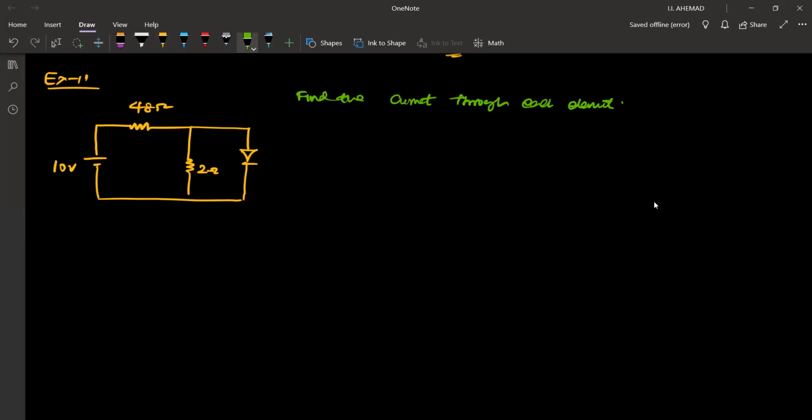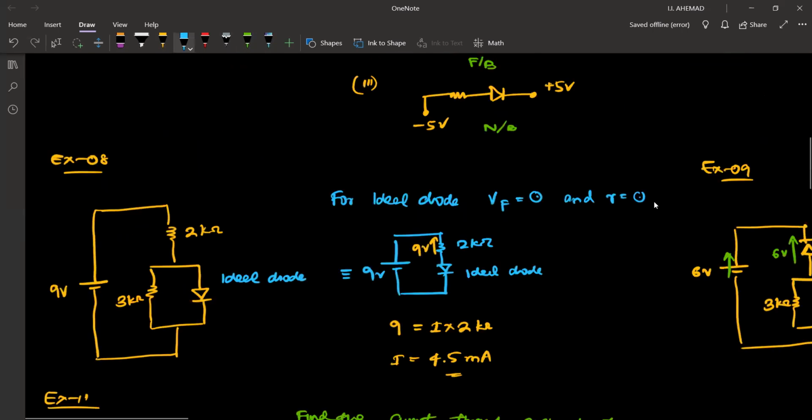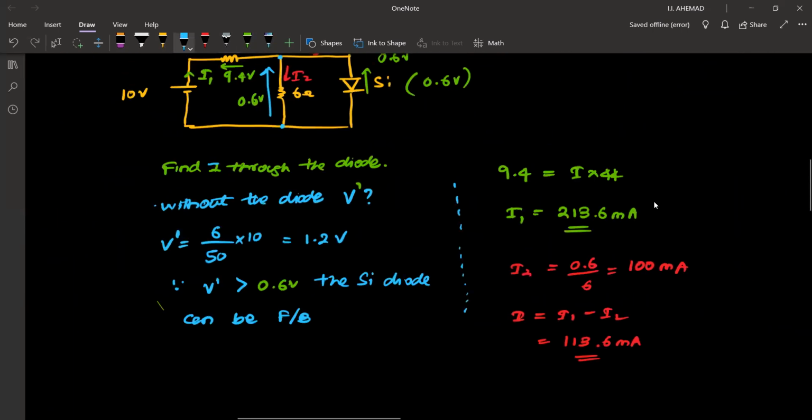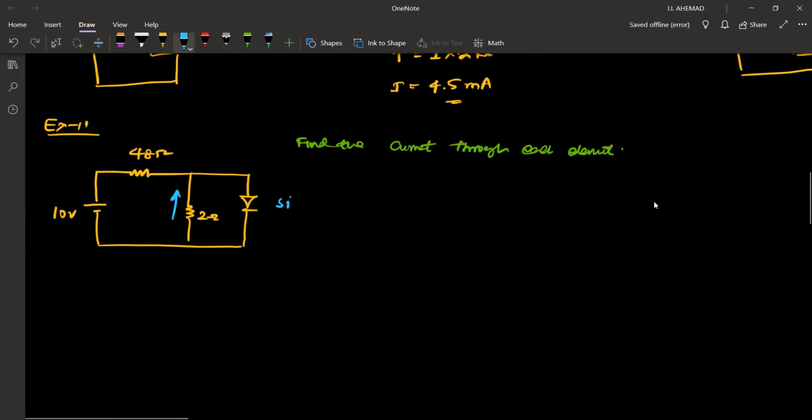So the first step is to find out whether this silicon diode has sufficient voltage to get forward biased. Let's find out the voltage without the diode.